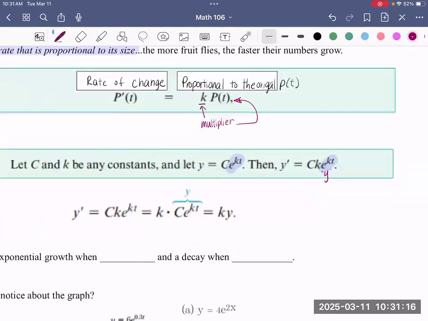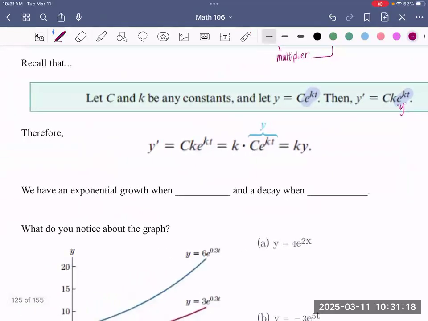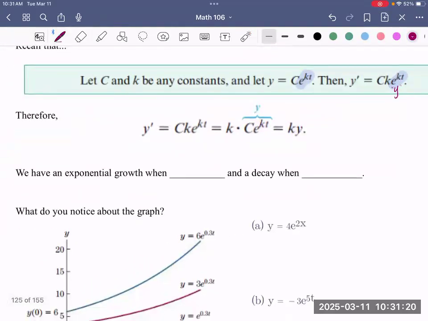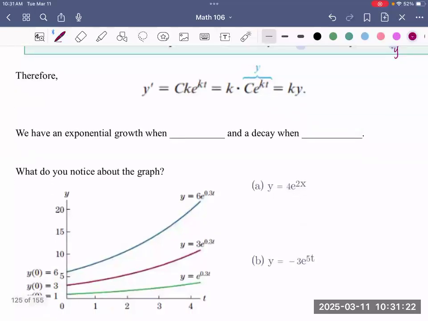So we have some sort of exponential growth when this k value, your rate, is greater than 0. If k is positive, we are growing.